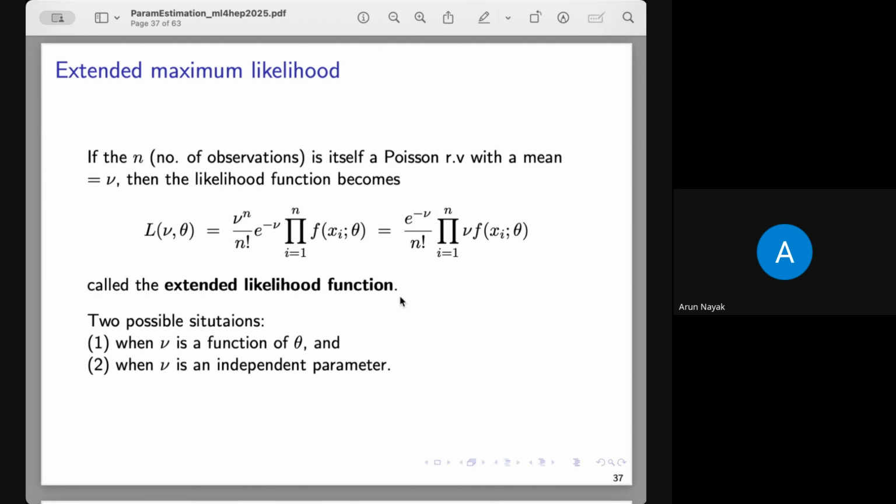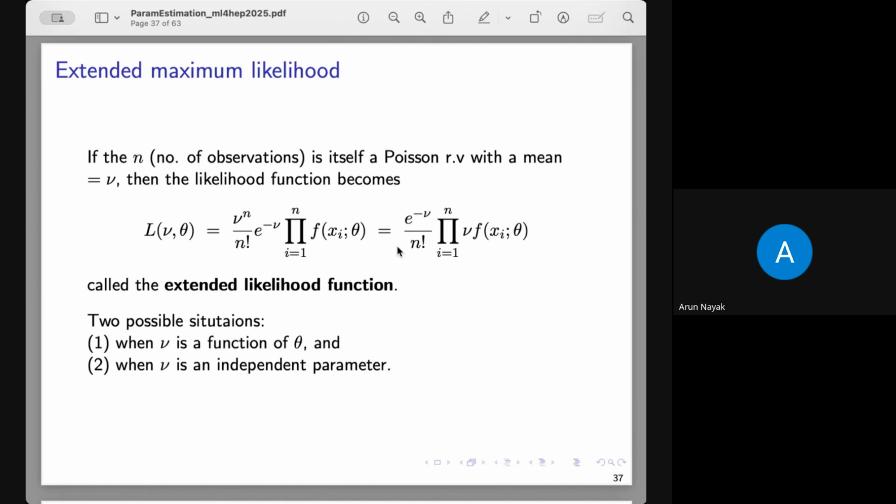Now we can consider two cases: where nu is a function of theta, that it also depends on the parameter theta, or nu is an independent parameter, which doesn't depend on theta.